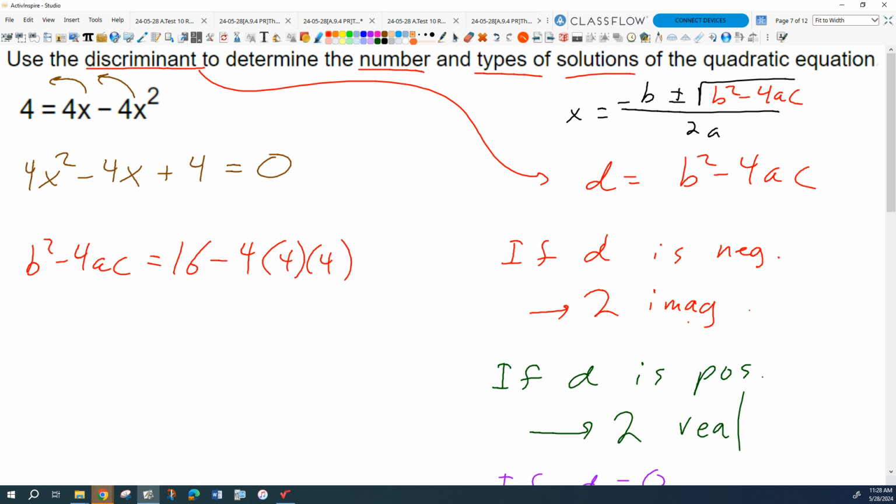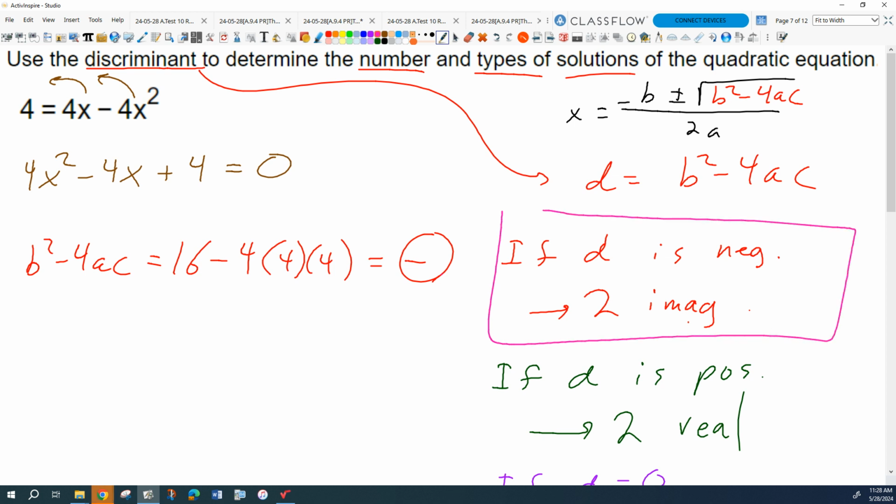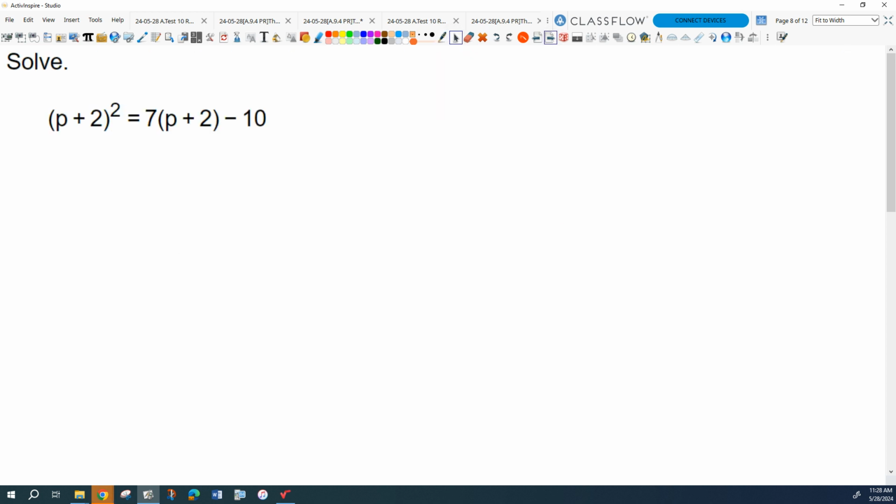I get 16 minus a bigger number. It's negative. And so what's the outcome going to be? 2 imaginary, right? That's it. That's all they want. Okay, so that's a pretty easy one. You don't even have to get solutions. You just need to know the sign of the discriminant and what that tells you.